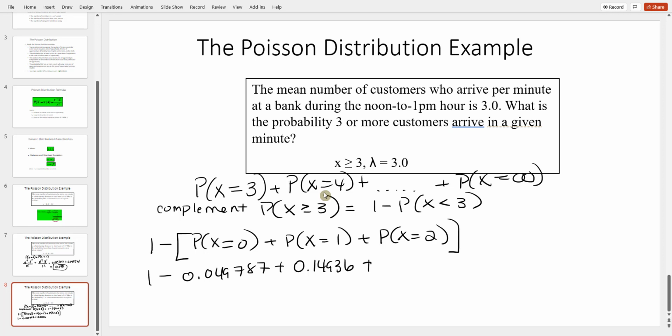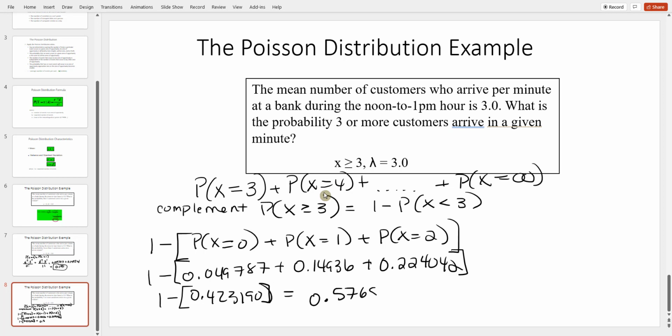And then for 2, I'll go ahead and put this in. It was 0.224042. Okay, so this is all in brackets. When I add everything up in the brackets, I get 0.423190. And when I subtract that from 1, I get 0.576810. Okay, so that's how you would do it by hand.